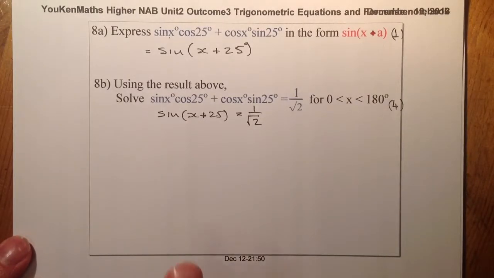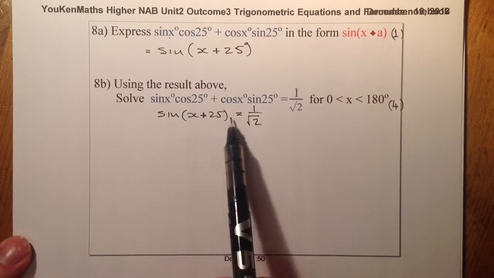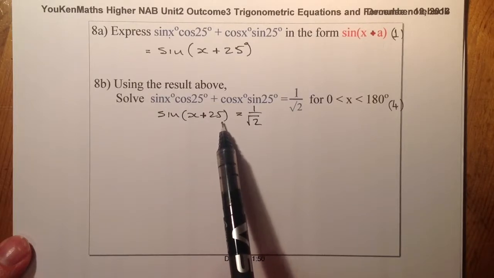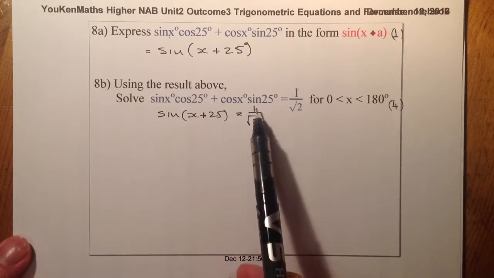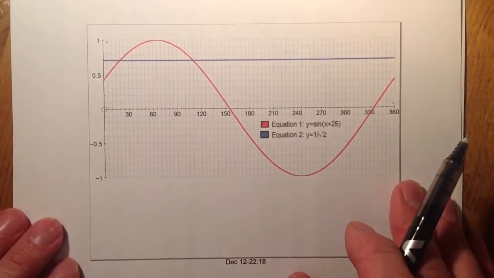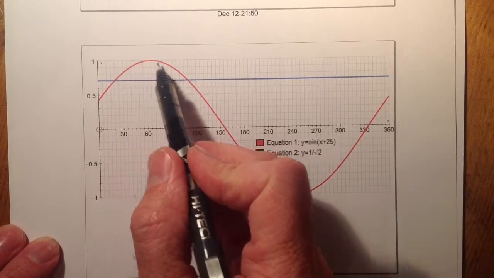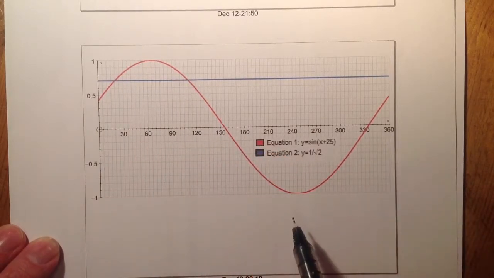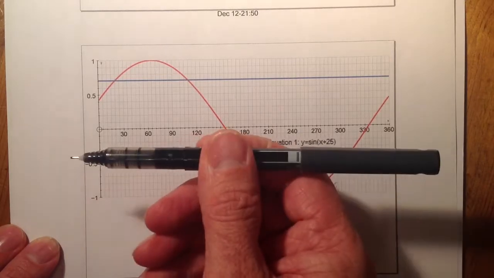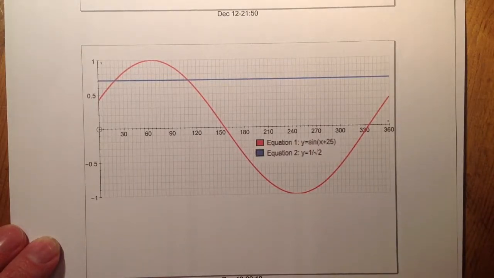Let me try and explain what this question is actually asking us to do. On the graph of y equals sin(x + 25), whereabouts on the curve would the value 1 over root 2 be? I've got a graph here to show you. The curve is y equals sin(x + 25), which is just a normal sine graph moved along to the left by 25 degrees.